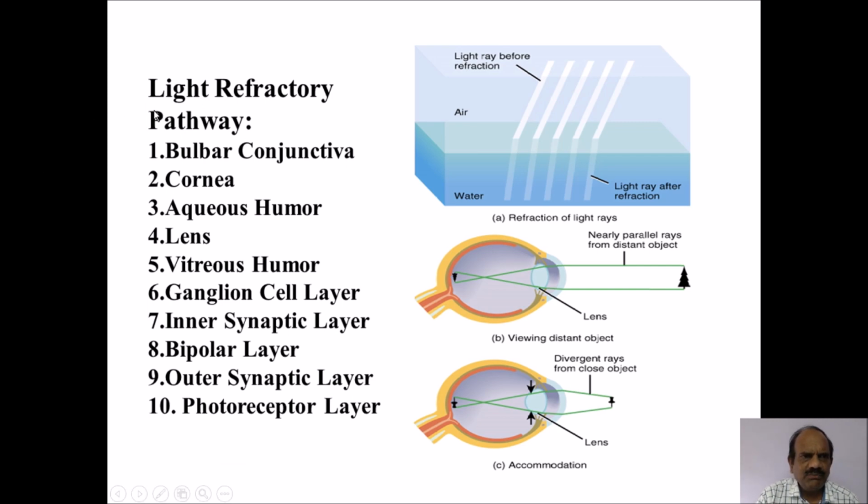It follows this pathway: the bulbar conjunctiva, cornea, aqueous humor, lens, vitreous humor, ganglionic cell layer, inner synaptic layer, bipolar layer, outer synaptic layer and photoreceptor layer. In short, whenever the light passes from air to the cornea, it gets refracted. This figure shows the light passing, and it follows this pathway in the eye.